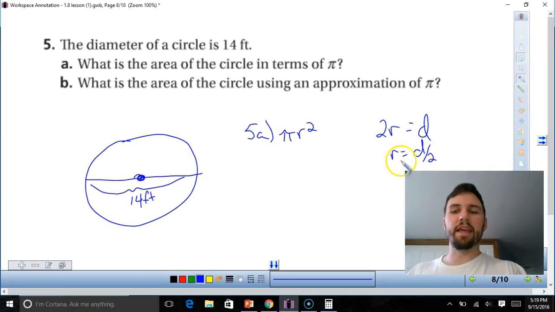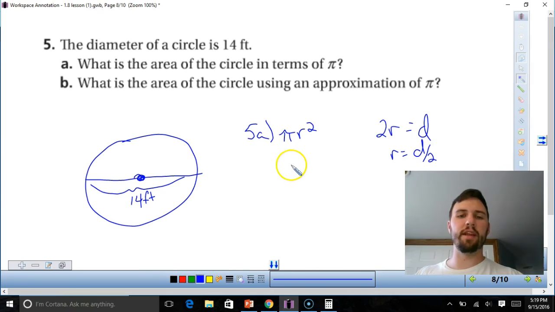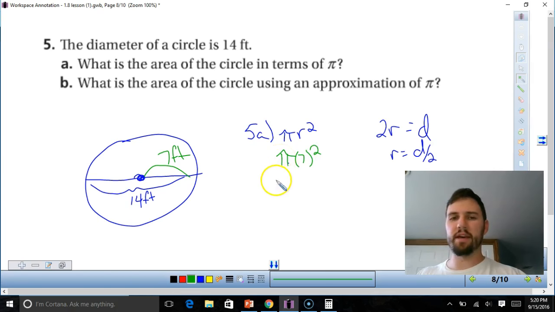If our diameter is 14, our radius is half of 14, which is 7. So I plug that in: pi times 7 squared. That is 49 pi feet squared, because it's area.